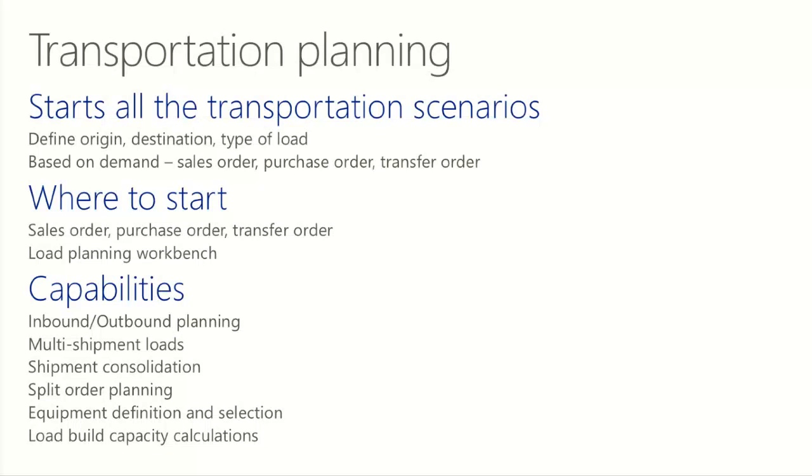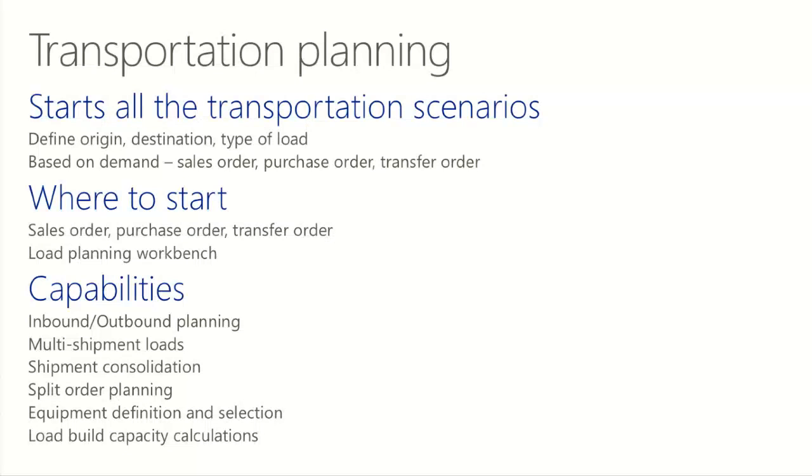To do this, you can either do that directly from the sales order or the purchase order or the transfer order. You just click on a button, you go to another form and start the transportation planning. Or you can go to a so-called load planning workbench.